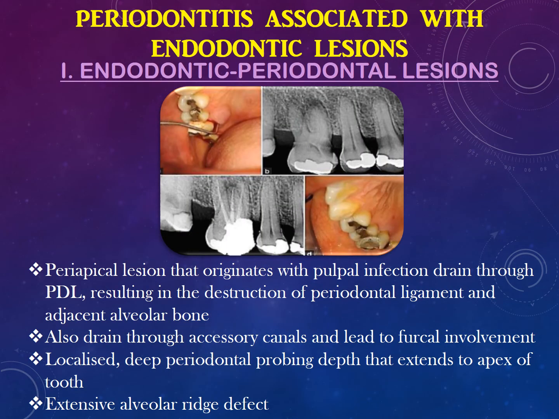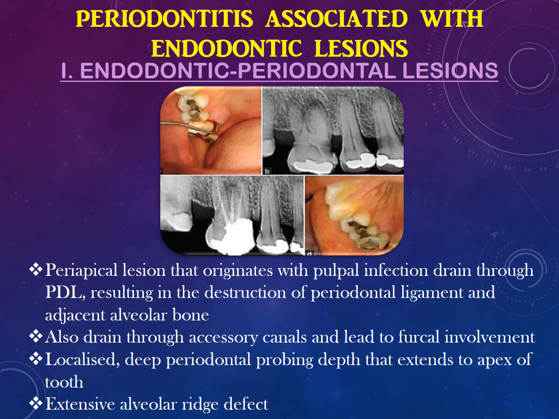Next, moving on to periodontitis associated with endodontic lesions. First among that is the endodontic-periodontal lesions. In these lesions, the pulpal necrosis will precede the periodontal changes. The periapical lesion that originates with the pulpal infection drains to the periodontal ligament, resulting in destruction of the periodontal ligament and adjacent alveolar bone.